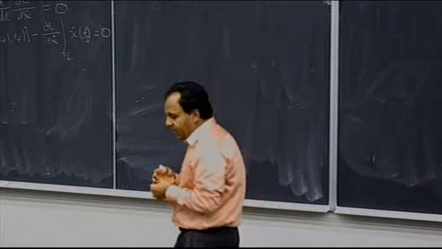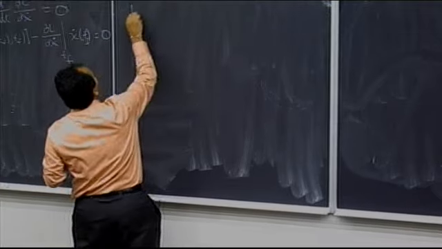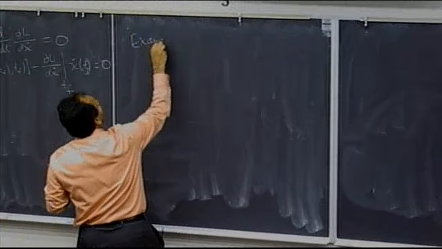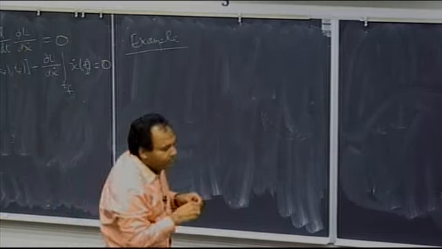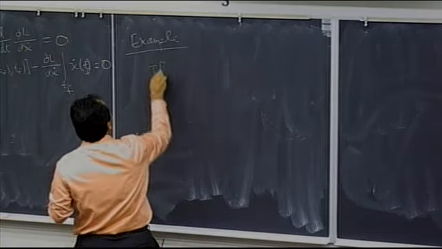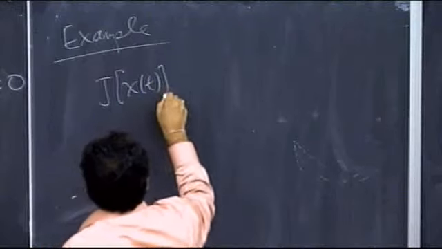So let's just take this particular problem. This is a really simple example, but it'll help you identify, if you had a problem to solve, what you would actually do.